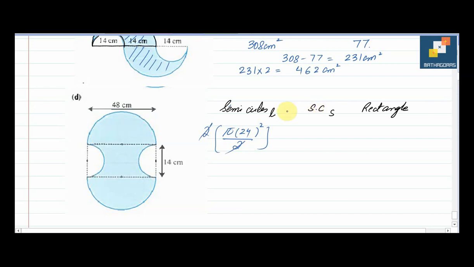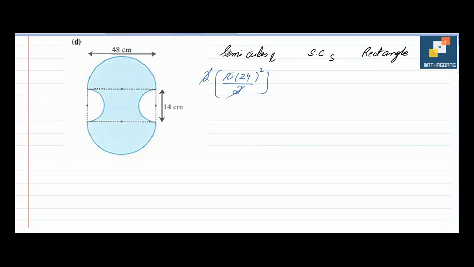For the smaller semicircles I prefer this one and this one, right? Now the area of a small semicircle is pi r square divided by 2, and like the larger one there are two small semicircles as well, so we need to multiply it by 2, right? And since the diameter is 14, the radius is 7, right? So 2 and 2 cancel each other, and then the area of the rectangle.